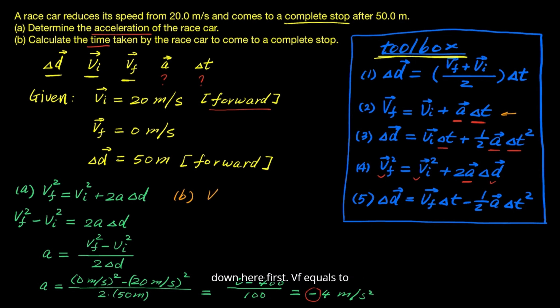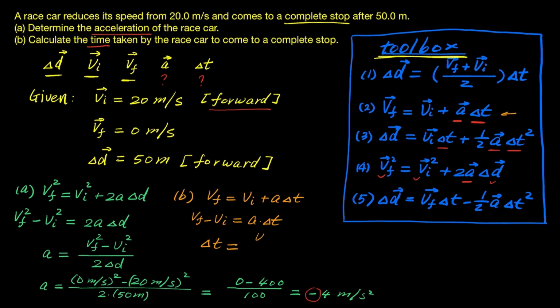Let's write it down first: vf equals vi plus a delta t. Let's rearrange this equation to solve for delta t. We can subtract vi from both sides: vf minus vi equals a times delta t. Then delta t equals vf minus vi divided by the acceleration.